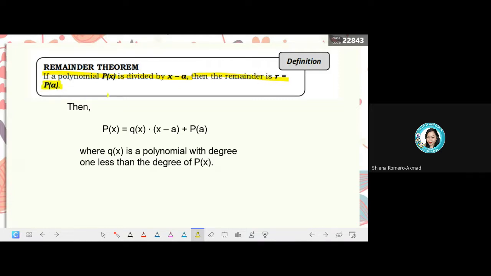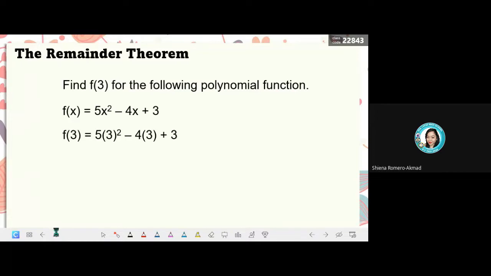Ibig sabihin, kapag nag-divide tayo ng x minus a sa ating p of x, yung magiging remainder natin is yung value din ng p of a. Let us have an example para hindi kayo maguluhan.